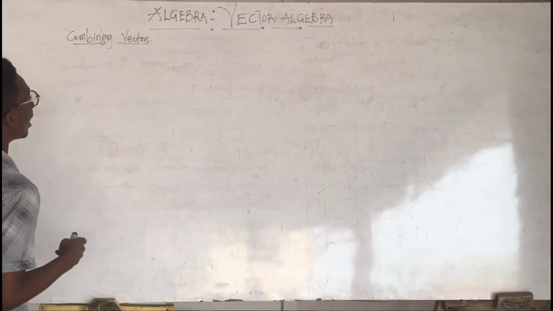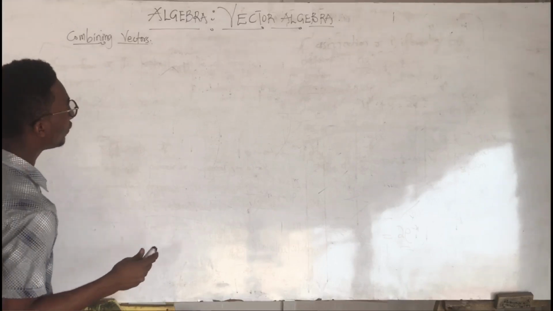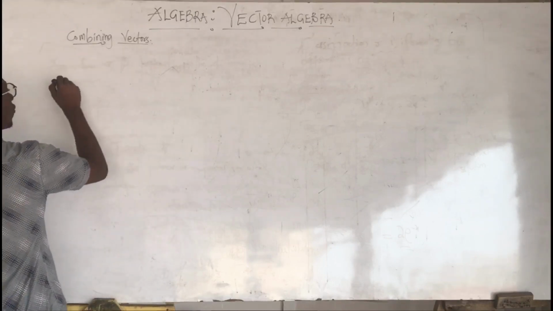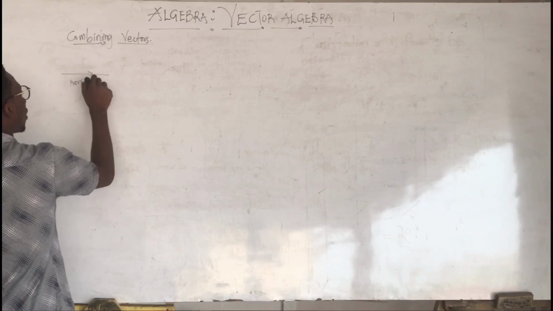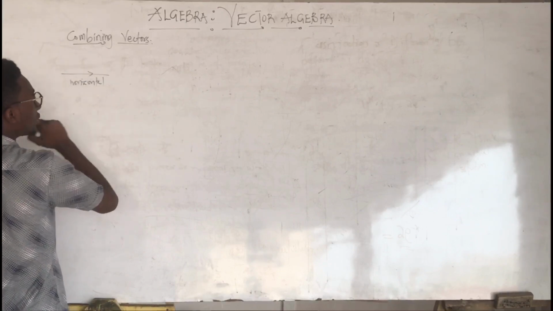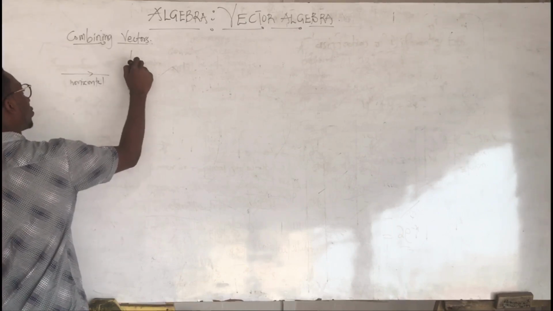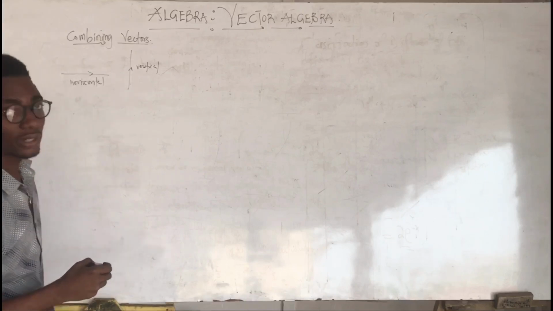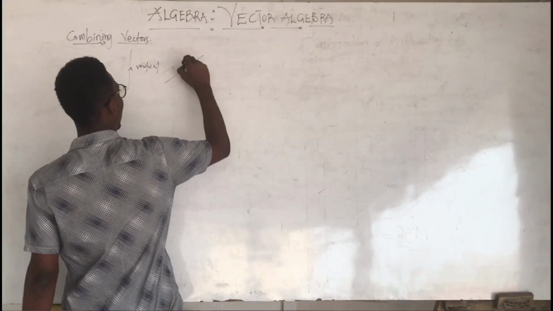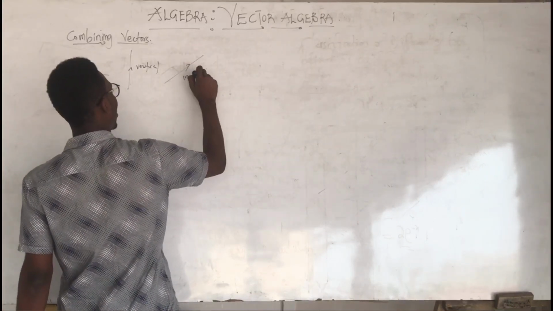Now, with combining vectors, before that, you should know that a vector can be horizontal. We can have a vector which is vertical. You can also have a vector which is inclined.